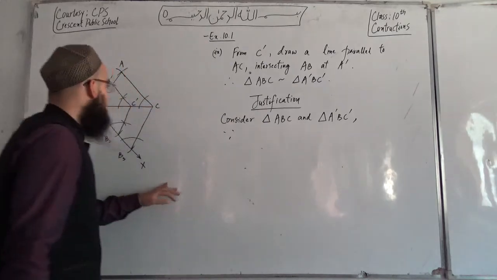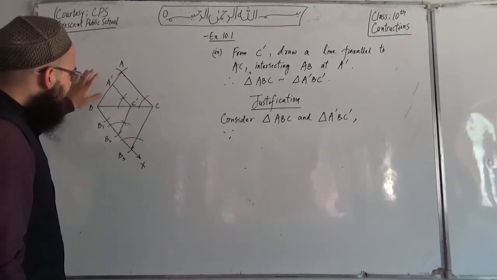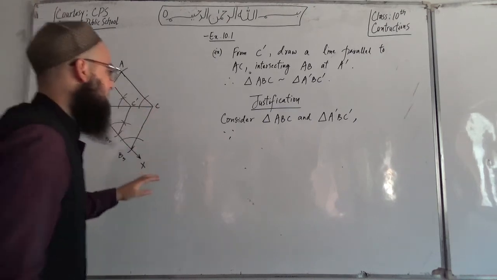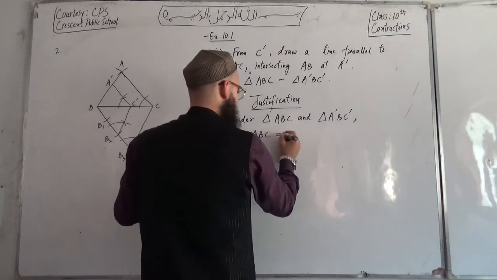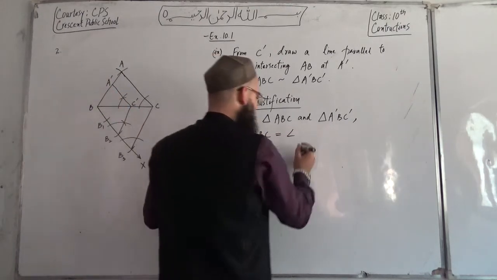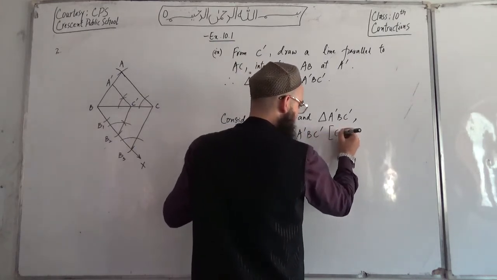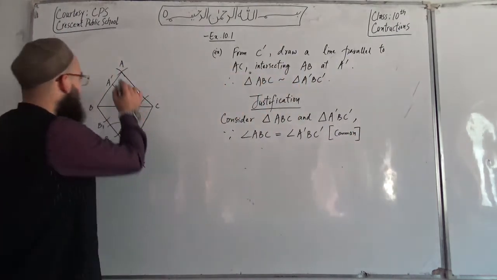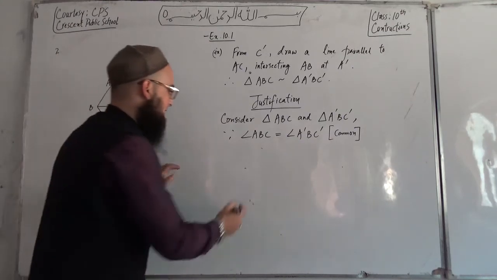Since what you observe, I can say angle ABC is equal to angle A dash B C dash. Common. You see carefully, ABC, this angle, A dash B C dash, this angle, so it's a common angle.